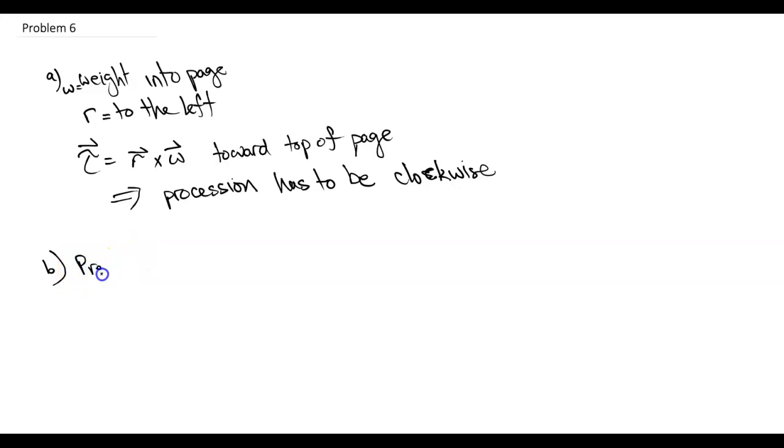Let's denote the precession angular speed by omega, which is 1 revolution for every 4 seconds.